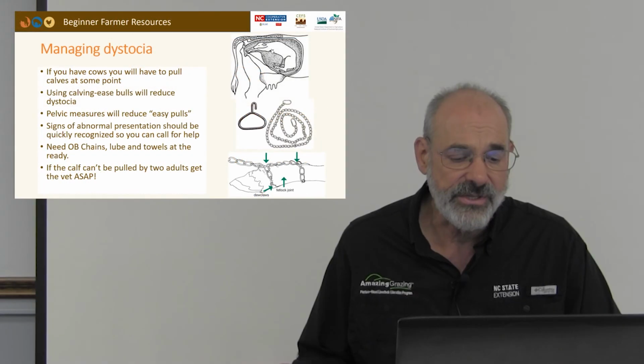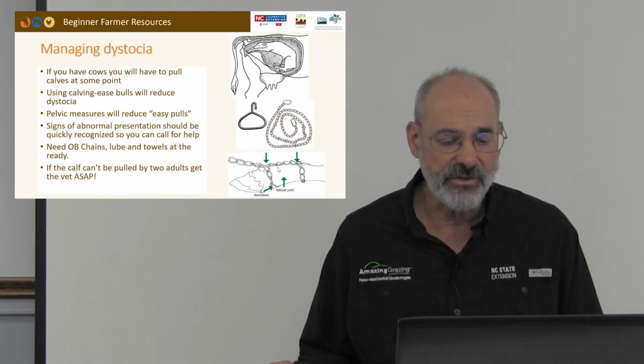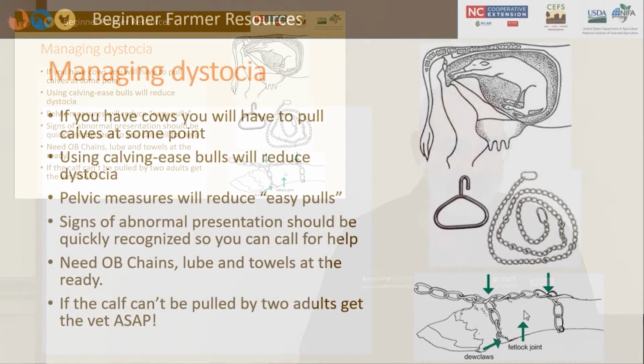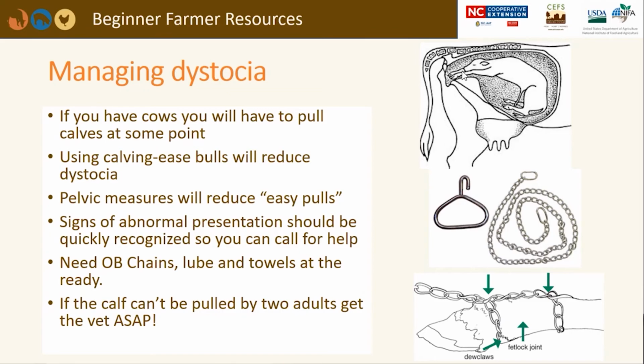Now, if you have to assist the cow with the calf, then we use a stainless steel chain called an obstetrical chain and a little hook handle. And essentially in the bottom panel you see that the chain has been put on the foot of the calf, because typically we find this calf with a foot or two out. And then that can be used to provide traction onto the calf.